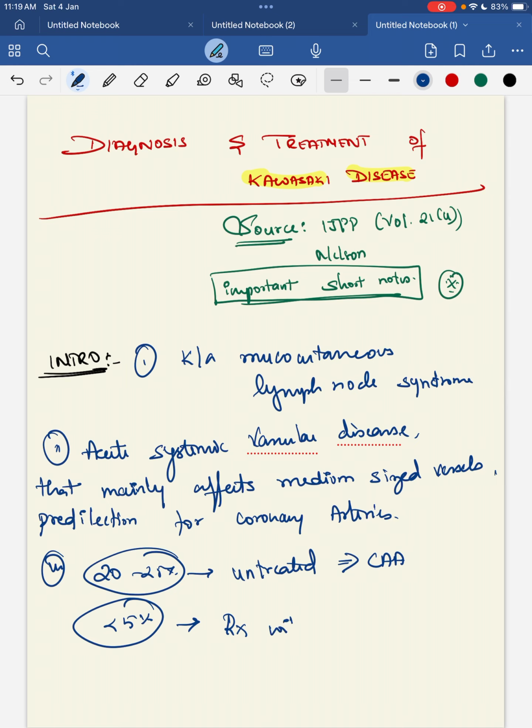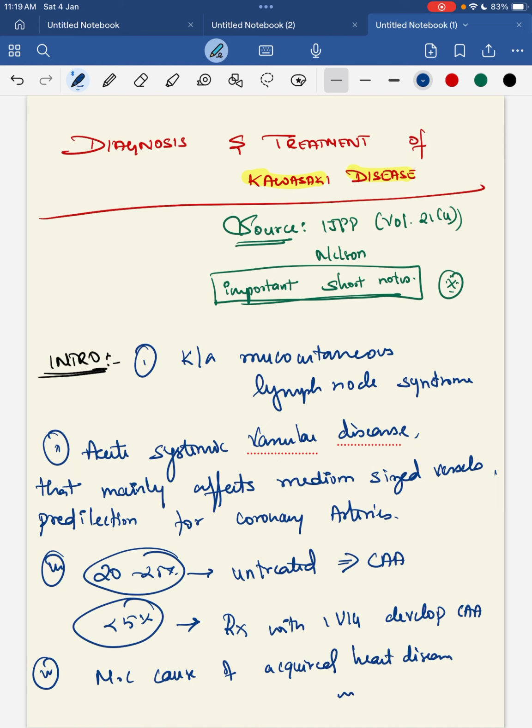And this is the most common cause of acquired heart disease in children.